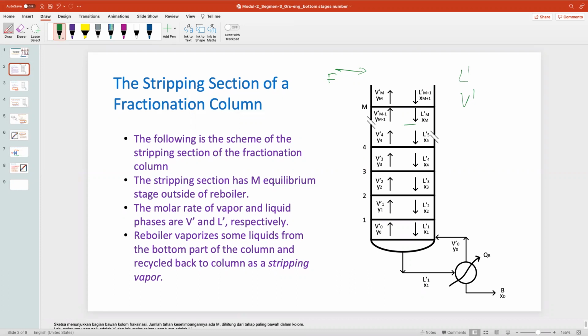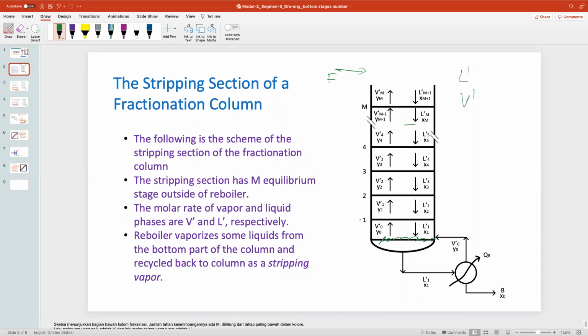The stripping section has M equilibrium stages outside the reboiler, but actually the reboiler is one stage as well. For stripping, we count from the bottom.